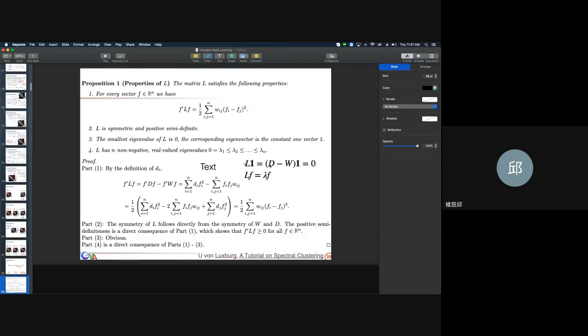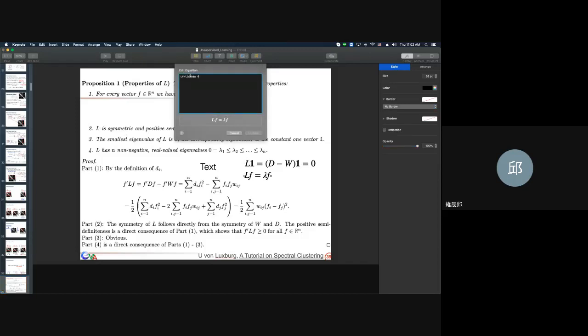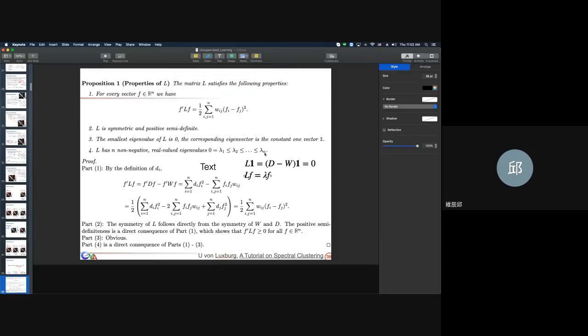So from such observation, we can see that the smallest eigenvalue of L is equal to 0, and the corresponding eigenvector is a constant 1 vector.